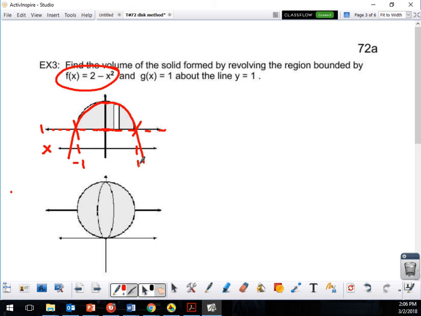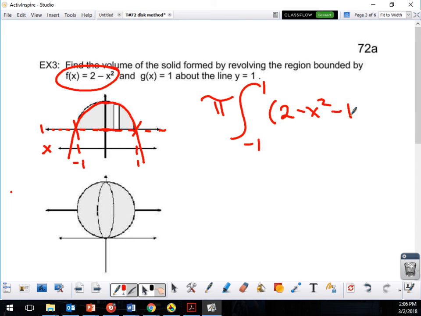So if it's the volume, it's going to be pi, and my bounds are from negative 1 to 1. My radius is 2 minus x squared, minus 1. Why is there a minus 1?